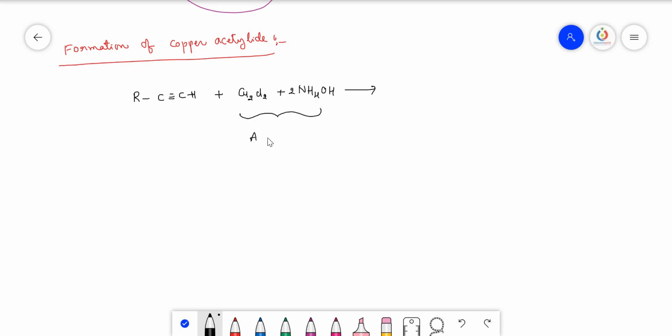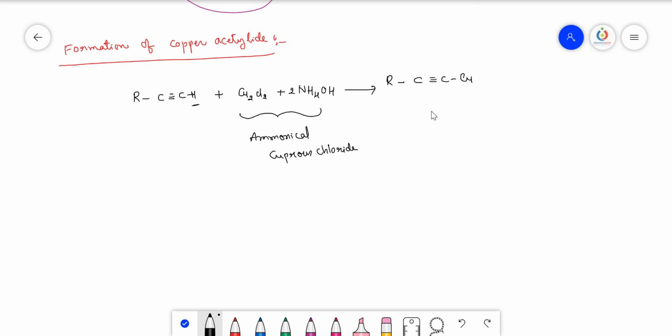Ammoniacal cuprous chloride, on reaction with terminal alkynes, replaces the hydrogen from the triple bonded carbon. So we get R C triple bond C Cu.